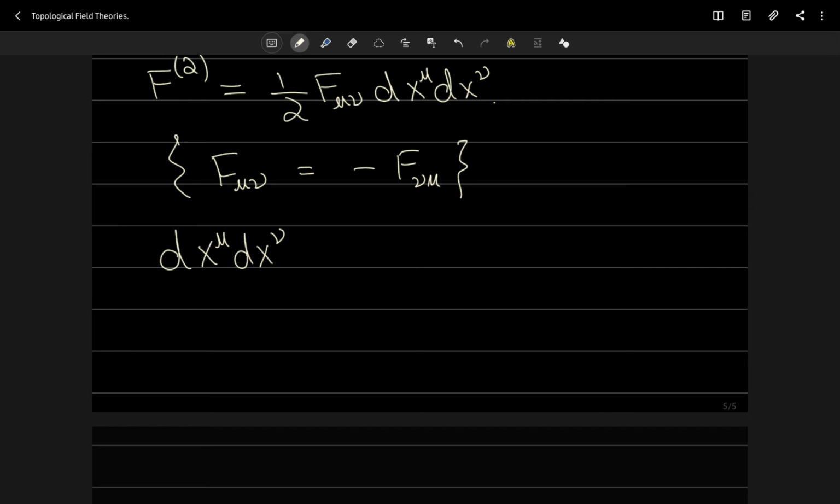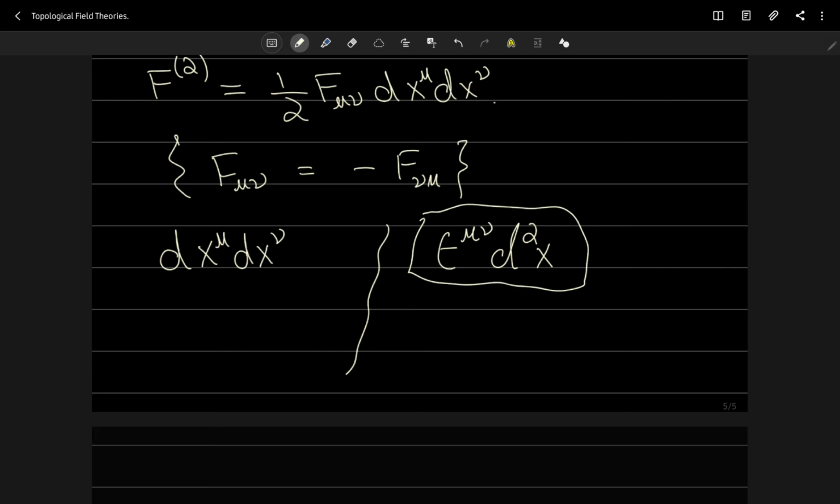And so one way to put that in our expression, or to remember that, is with this thing, right? So your Levi-Civita epsilon mu nu d2x, and this will include the fact that the bases also should anti-commute.